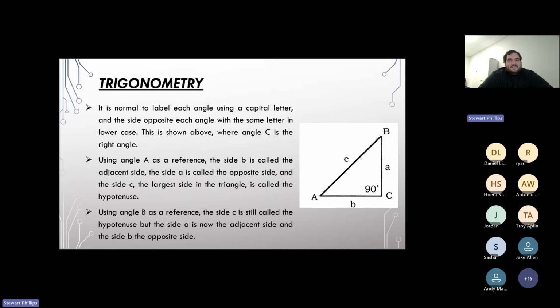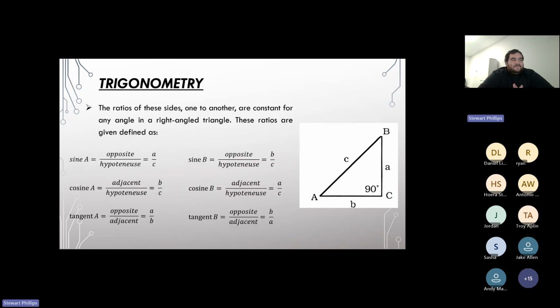So this leads us into the SOHCAHTOA relationship. Cool. So the ratio of these sides, one to another, are constant for any angle in a right angle triangle. These ratios are defined as what you see on the screen.